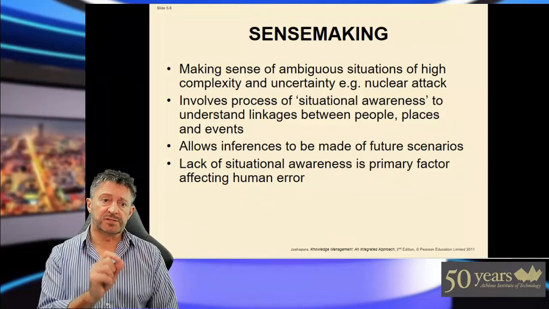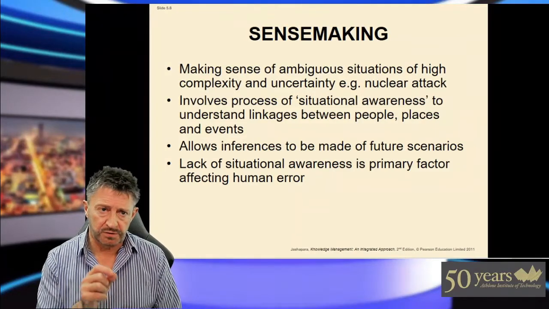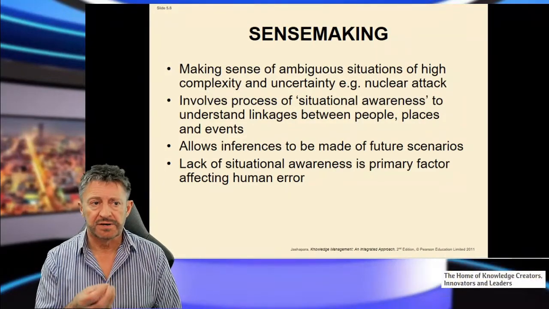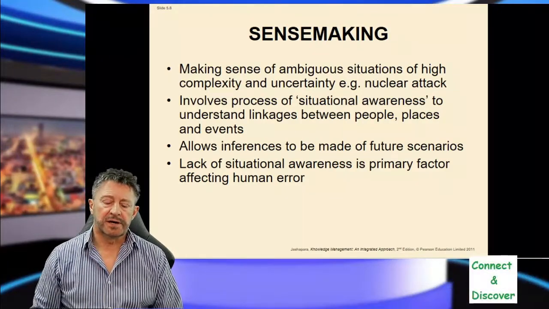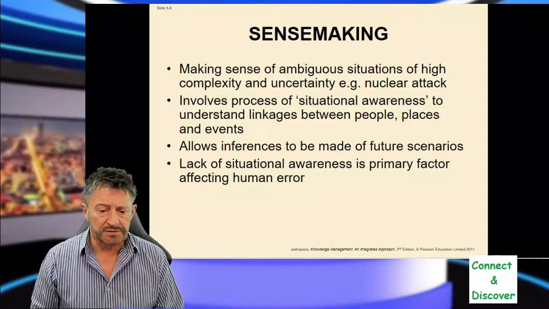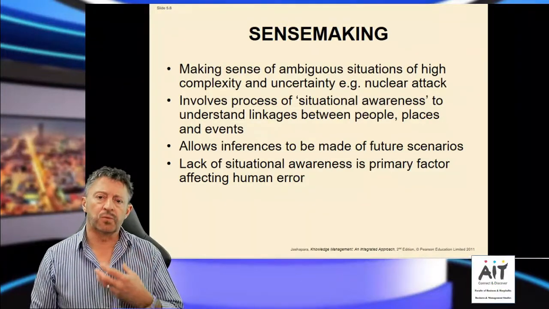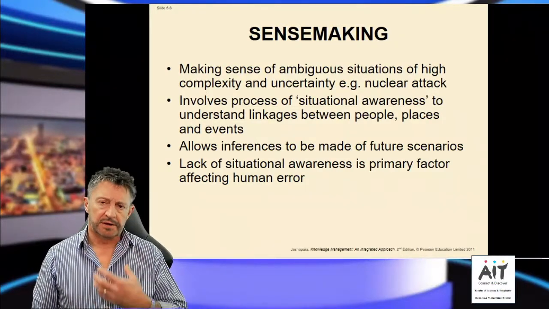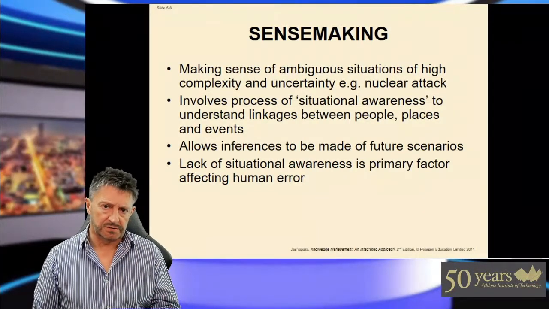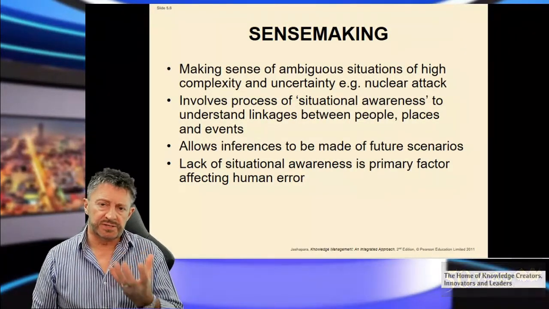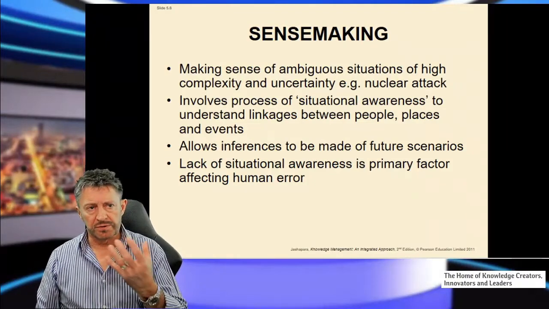And lack of situational awareness is a primary factor affecting human error. So what are we saying here? I've alluded to this already earlier on when I was talking about Kolb's cycle and how we make sense of things. I was using my example of how I make sense of the way I'm trying to learn stuff. And this is essentially what we're talking about.